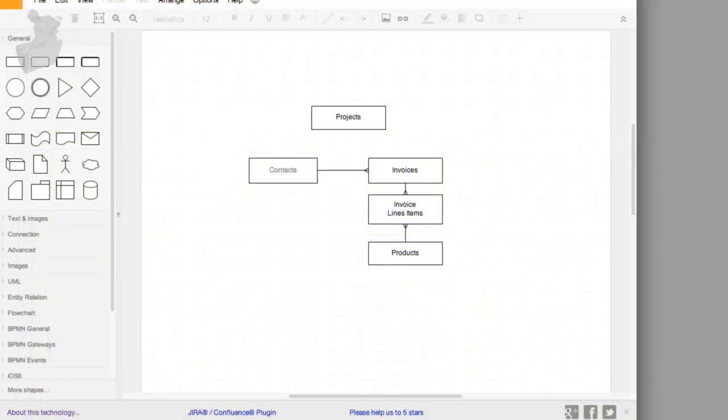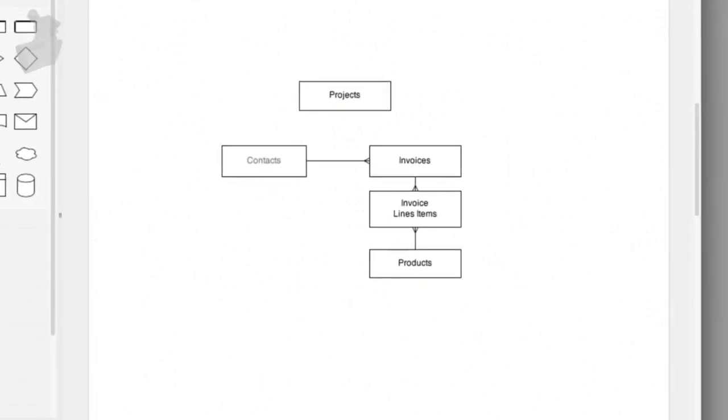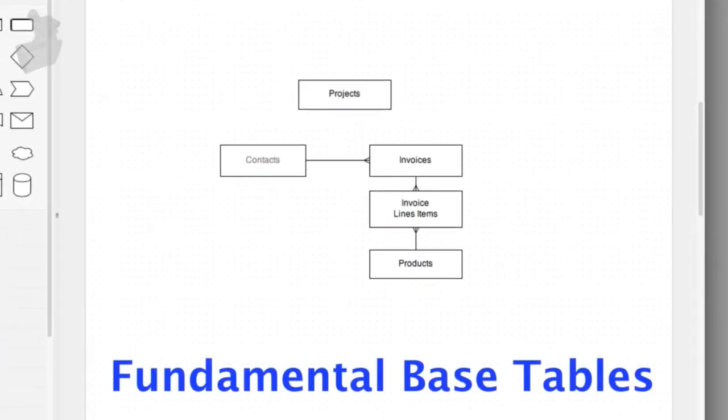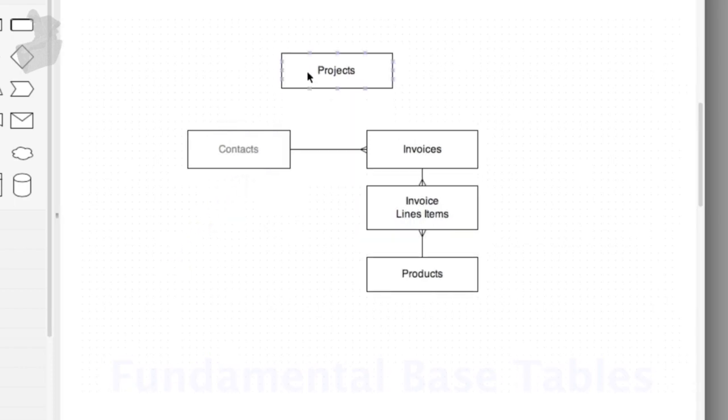Now, an ERD doesn't work that way. An ERD represents the fundamental base tables, and therefore there's only one of each of those on screen at a time ever, right? Because there's only one contacts base table. We're not talking about table occurrences. This is the base table right here. Let me zoom in here a little bit.